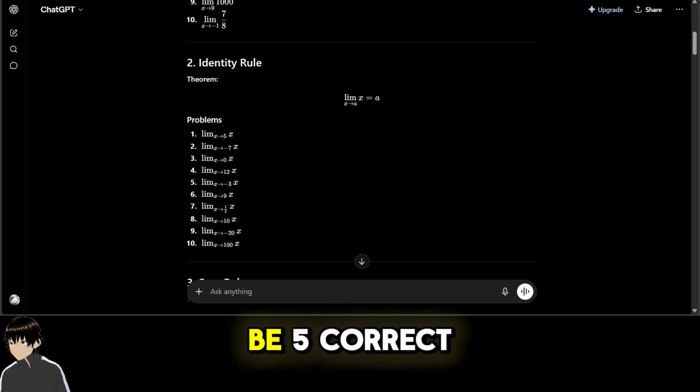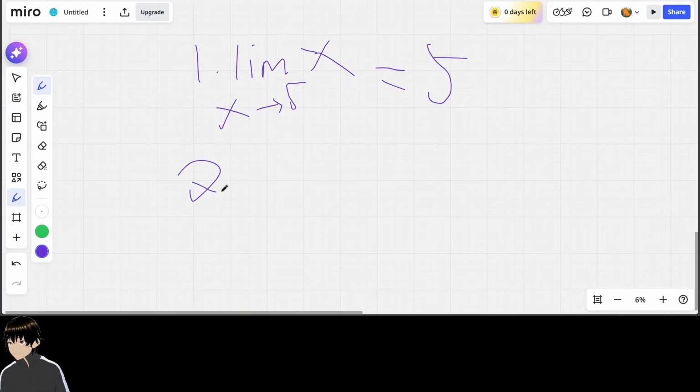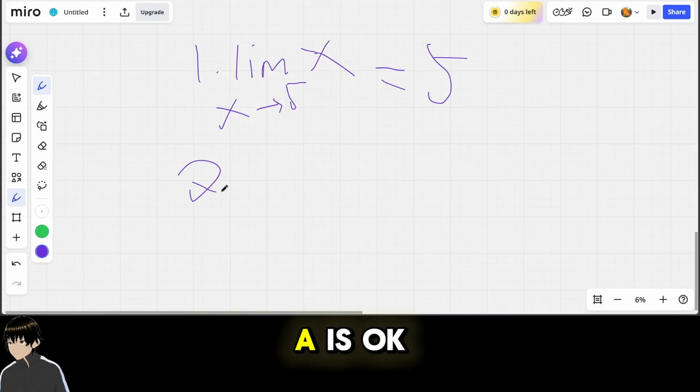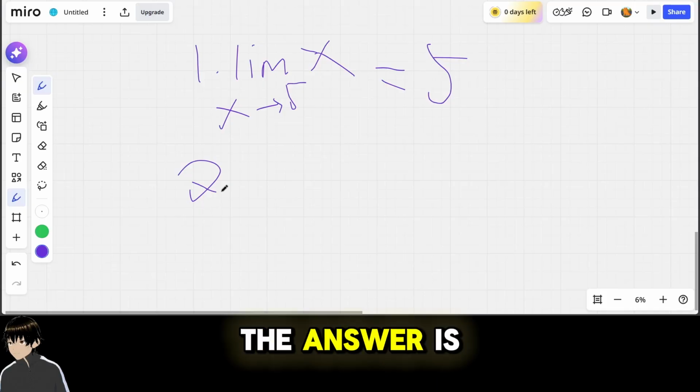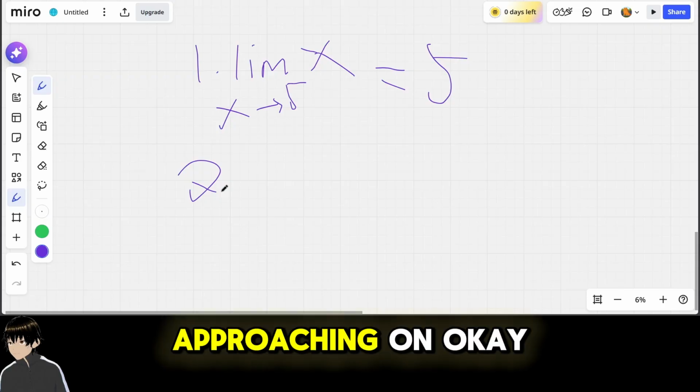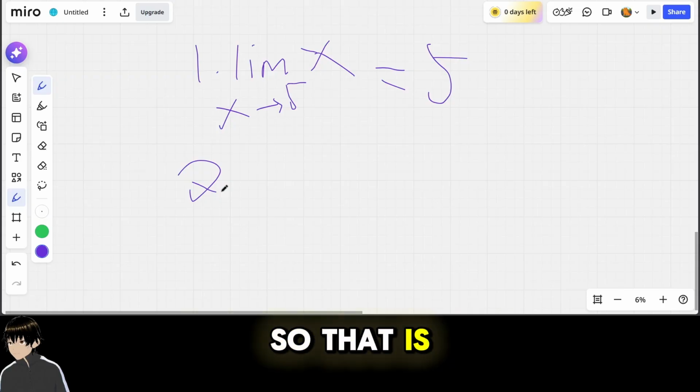It's going to be 5. Correct. And that's going to be it. You just have to copy whatever a is. If the limit is of x, the answer is going to be a, whatever number x is approaching.